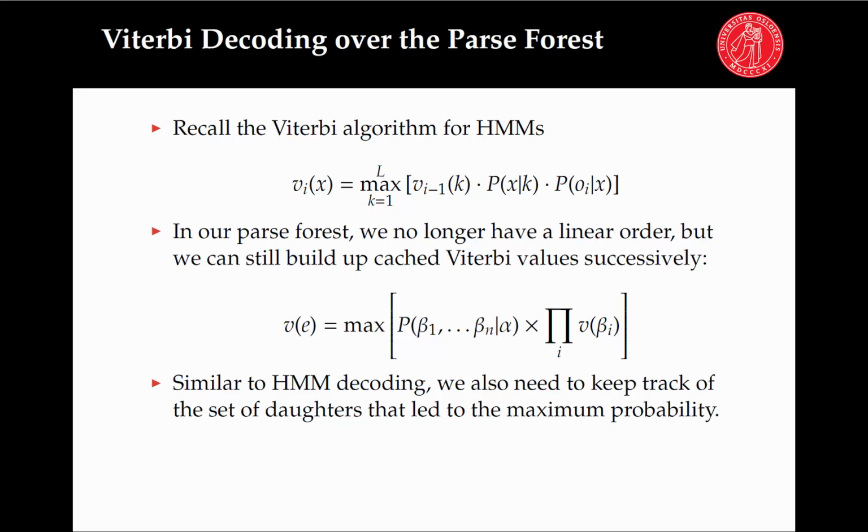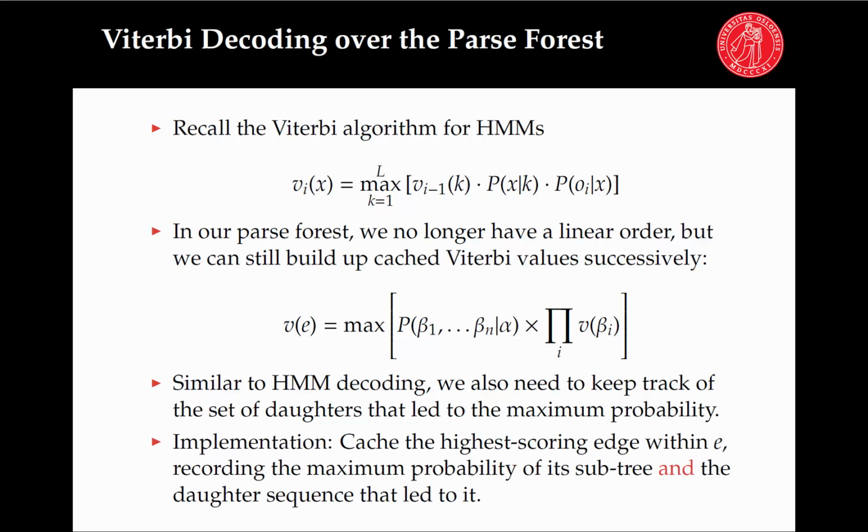So the argmax of, well, we don't have the TIs explicit here. And since we have the edge structures in our forest already, there will be a fairly straightforward implementation where we can just cache both the maximum probability among all subtrees represented by this edge and the local backpointer sequence that corresponds to that tree in the edges in the forest.